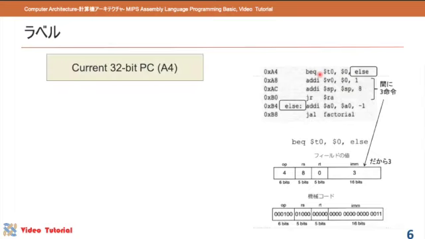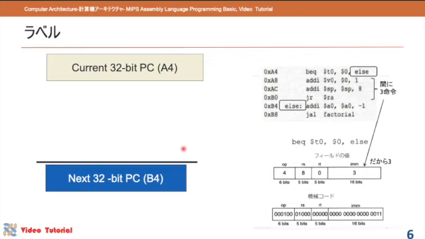Let's move to the left side, which is a calculation. The program counter right now is A4 and you have the value 3, and we need to calculate the next address as B4.